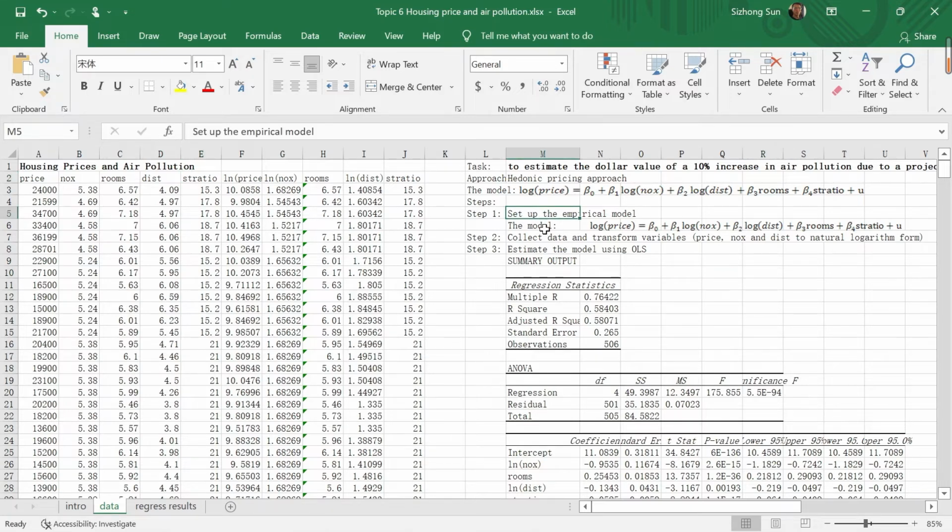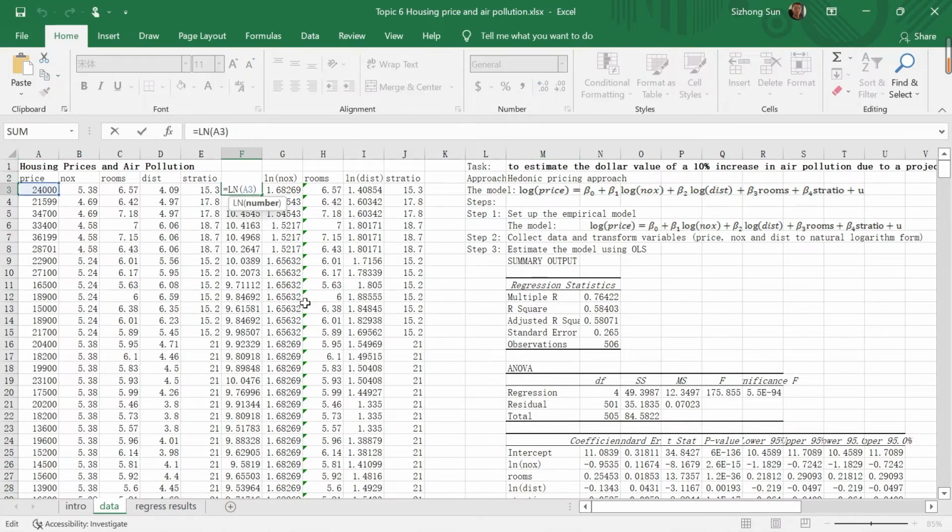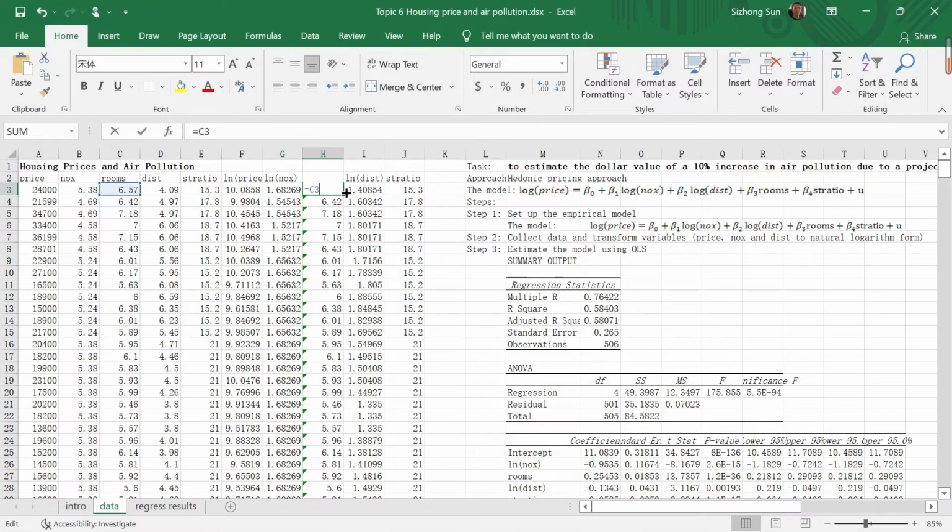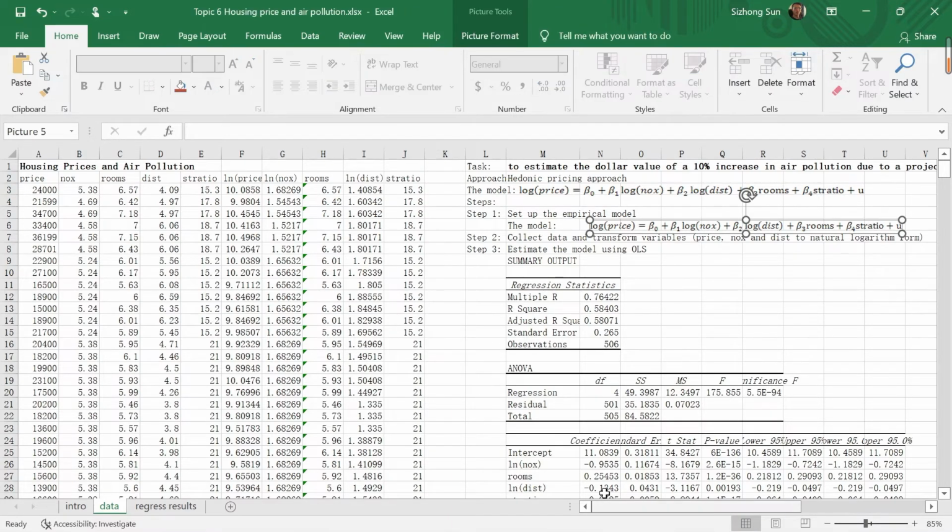So we set up the model, collect data, and transform variables. We transform price to log price, so log of A3. For NOx we also take logs, while for rooms, distance, and student-teacher ratios, we decide not to transform. So that's the model we are going to estimate.